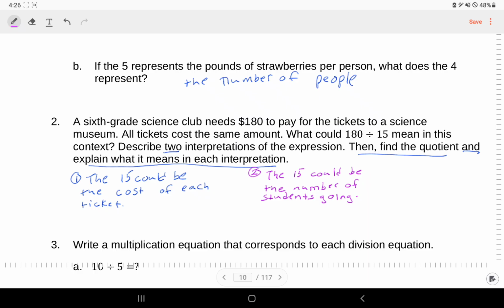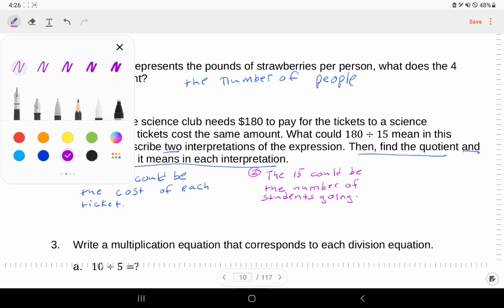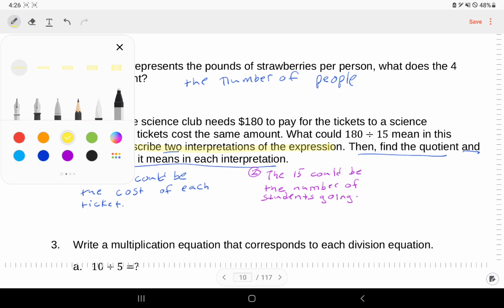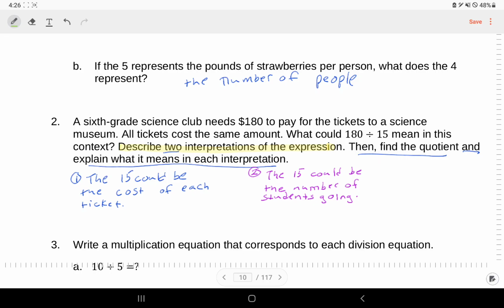Okay, so that takes care of describing 2 scenarios. That's my 2 interpretations. So now I have to find my answer.